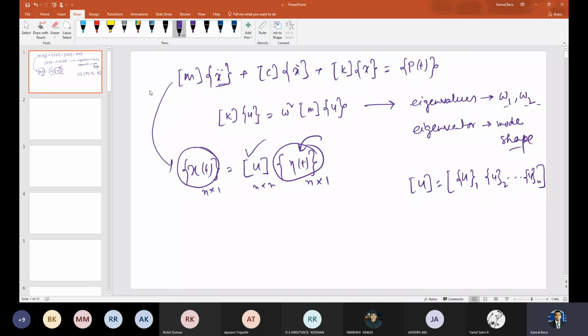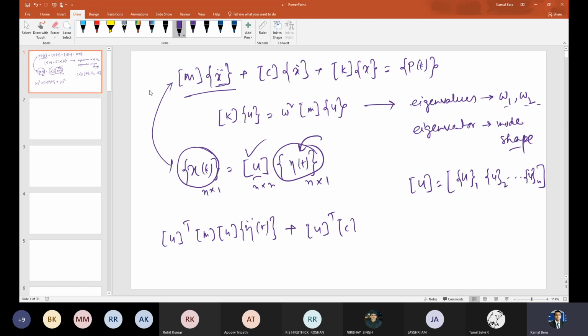If I substitute this solution in the equation and pre-multiply by u transpose, we get u transpose m u. This we have already done; I am just repeating it once again so that you can recollect it.